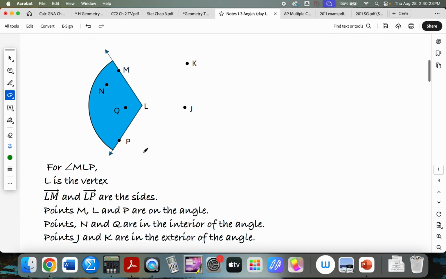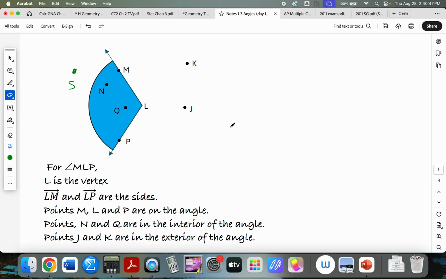Points N and Q, because they're in between the two sides, are in the interior of the angle, and points J and K are in the exterior of the angle. They're outside. So if I had a point here, you don't need to draw this, but if I had a point here, and I called that S, where would that be?